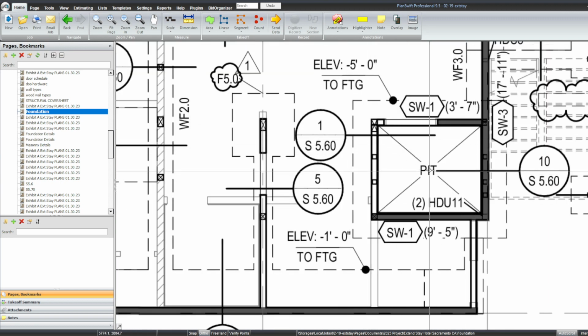That has two section views. Why? Because it wants to show us this. 1/S5.6 is showing us wherever that was going through. It's going through this little type of wall. But the 10/S5.6 is going through this darker wall.